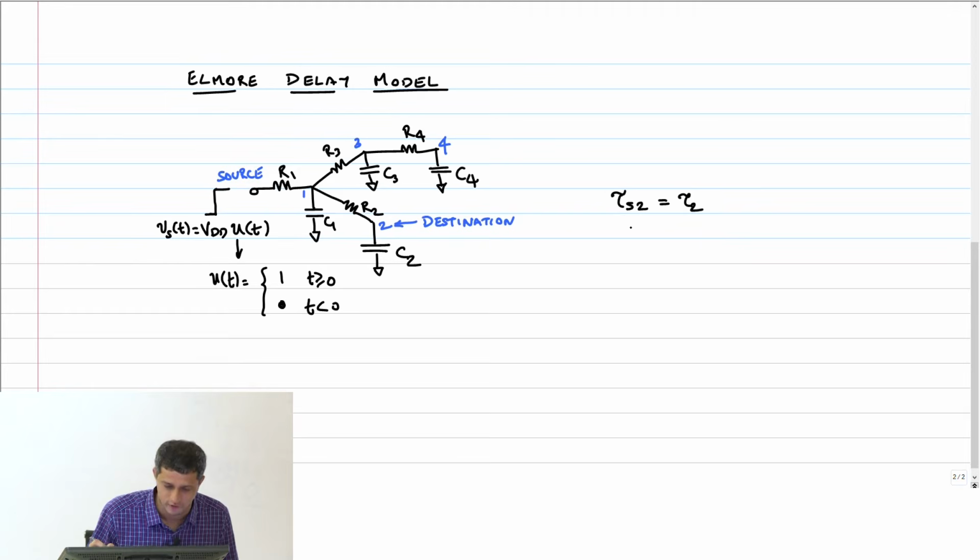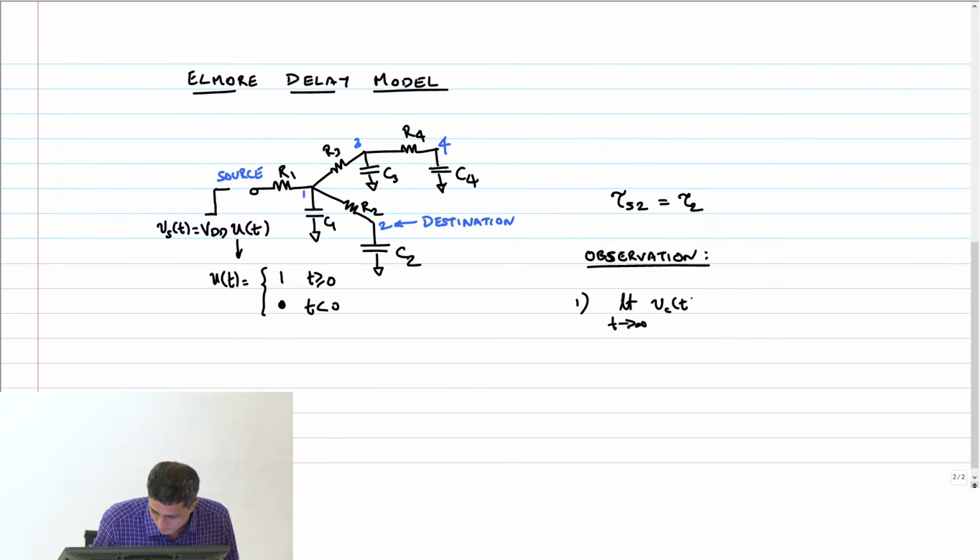So first observation, one: limit t tends to infinity of Vck, because, and what is Vck?